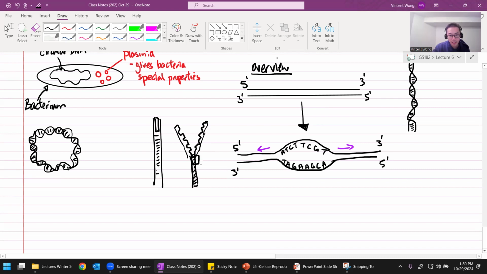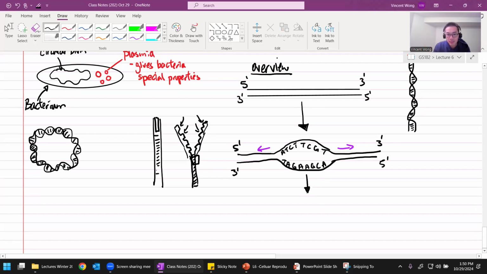When you unzip it, then you will have access to the little, I don't know what you call those things, but the little teeth looking things. You can't see them when it's all zipped up. But once you unzip it, then you can see the individual teeth. So the base here, it's like the zipper.